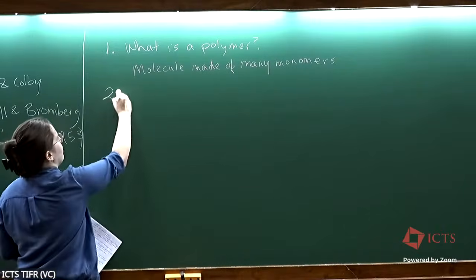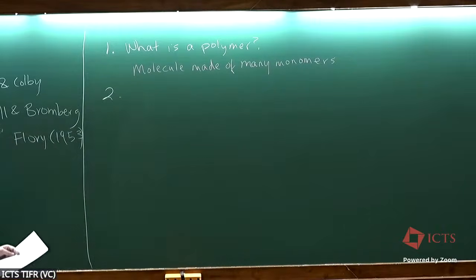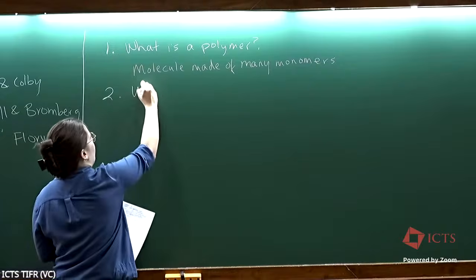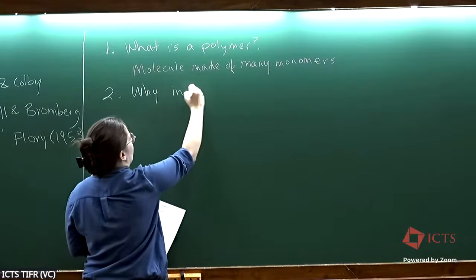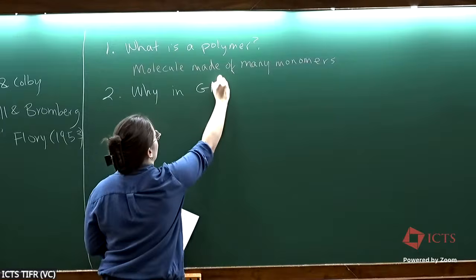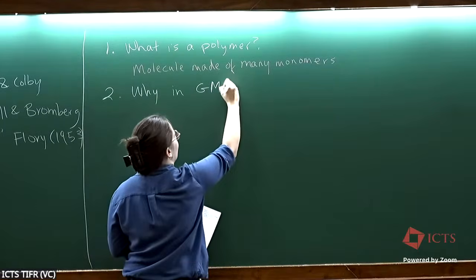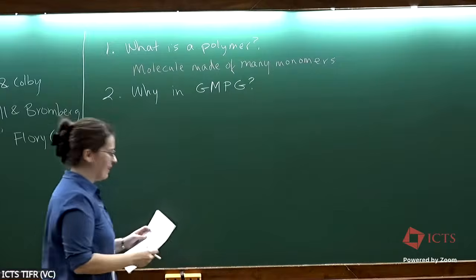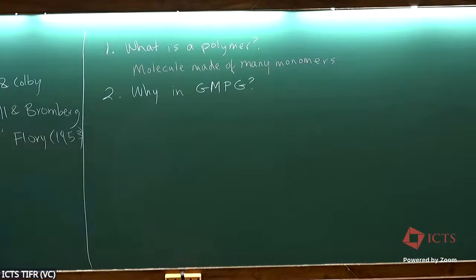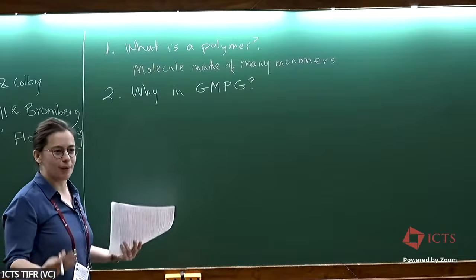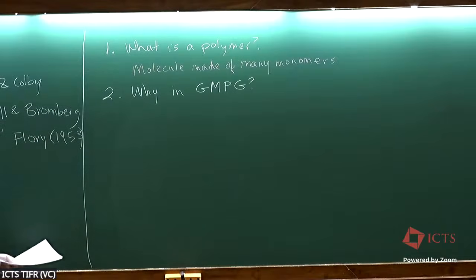That's fine, but you might also have the question, why are we discussing this in the geometry, mechanics, and physics of growth workshop? So I would like to convince you that I think this is a very central topic, actually, to a lot of the things that we're interested in here.